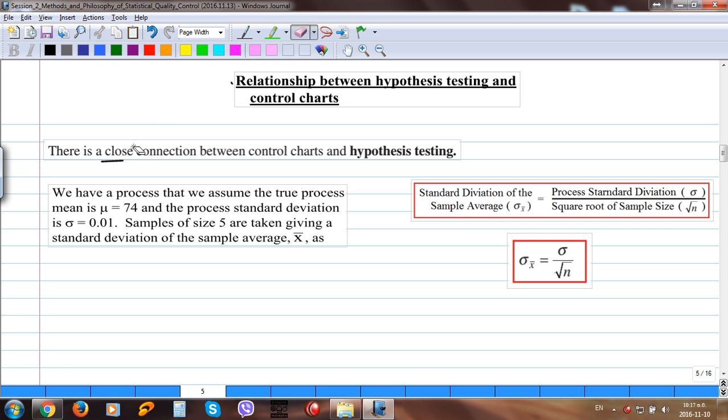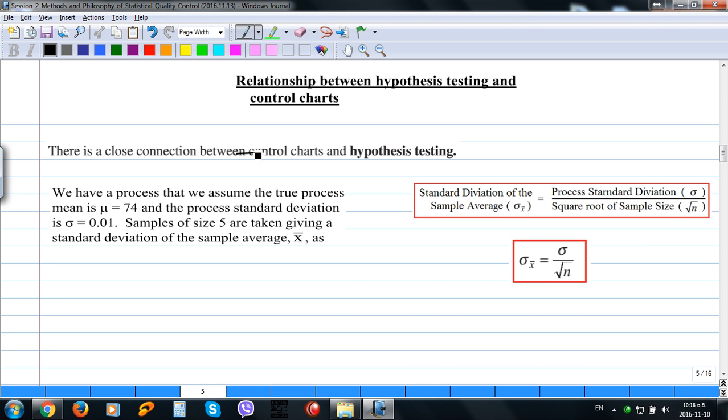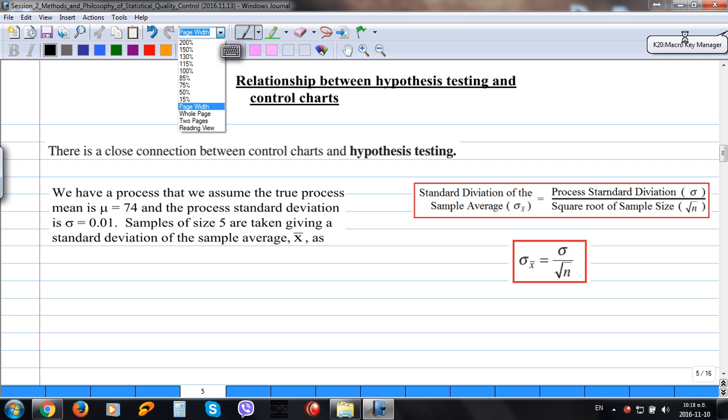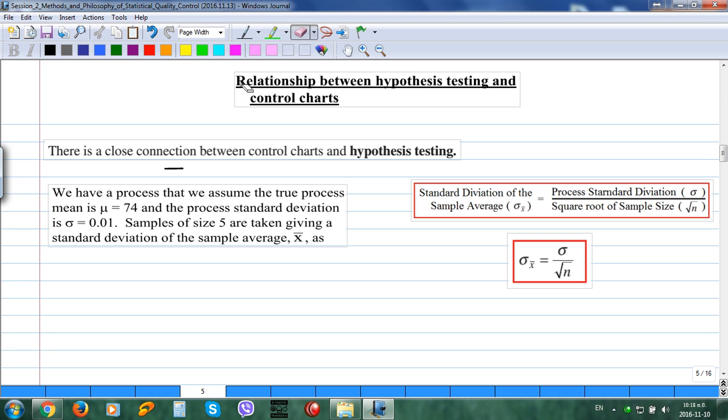In hypothesis testing we take the critical value, and here we take the control limits, upper control limit and lower control limit, as the critical values. That means there is a close relationship between these two.